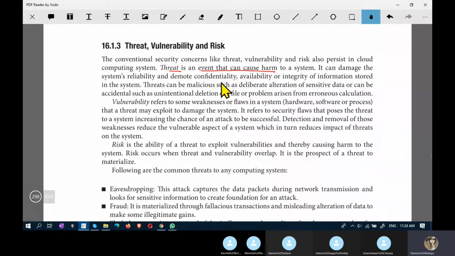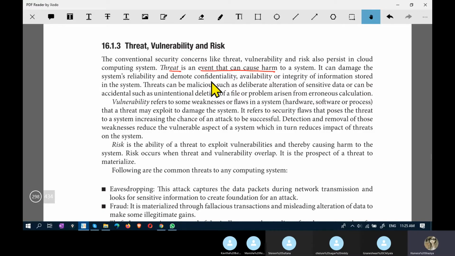You have the physical threat of the laptop being stolen. That is one threat. Or the threat of somebody damaging your laptop, breaking it and not taking it away, leaving it there but breaking it. That is some harm happening to the system. That is the threat.